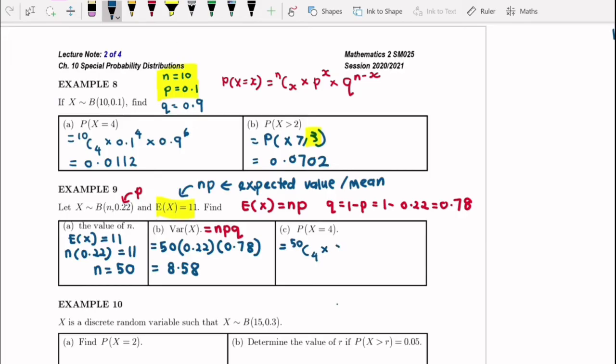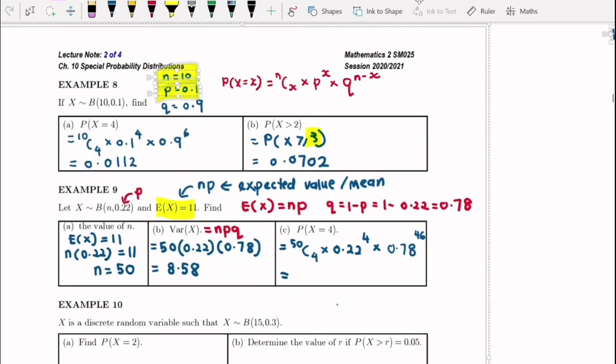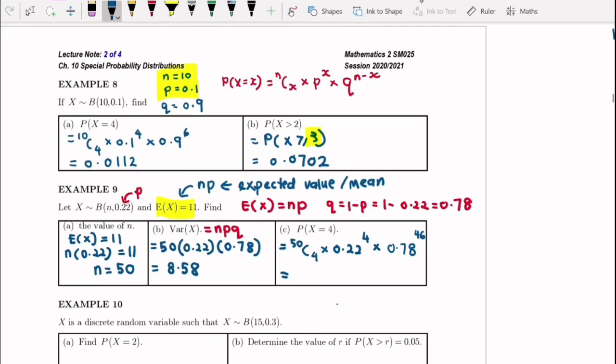So, our p is 0.22 to the power of 4 times q, 0.78 to the power of n minus x, which is 50 minus 4 equals to 46. Then, use a calculator to find the answer. The answer is 0.0059.